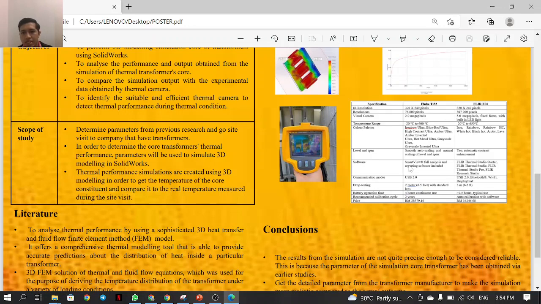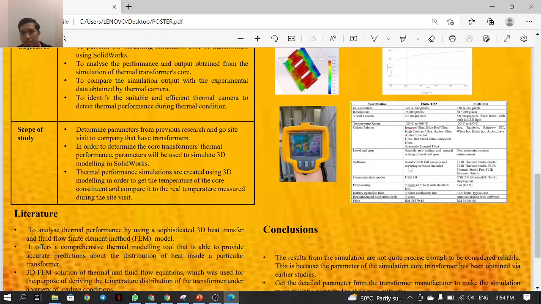And for the specification, for the IR resolution, the Fluke TI32 and the FLIR E76 both cameras use the same IR resolution, but in the resolution, the FLIR E76 is better to use than the Fluke TI32.